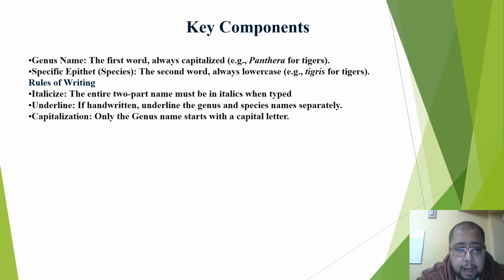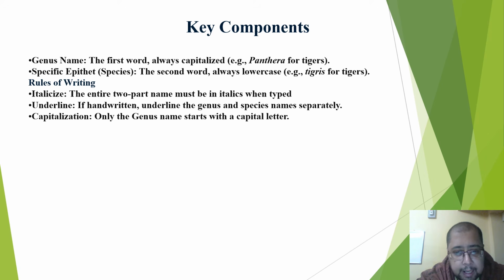The rules of writing include three basic rules. Firstly, the entire two-part name should be in italics when typed, but if handwritten, they must be underlined, because a lot of people write in italics all the time. So there is no point in considering whether it should be in italics or not.